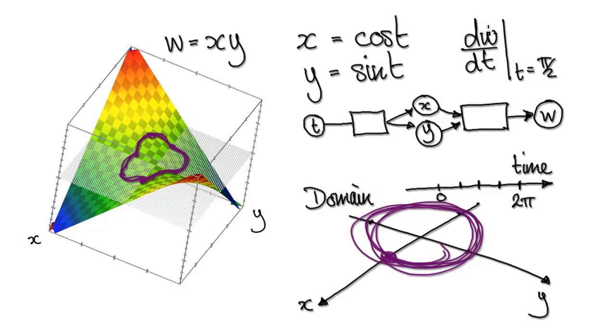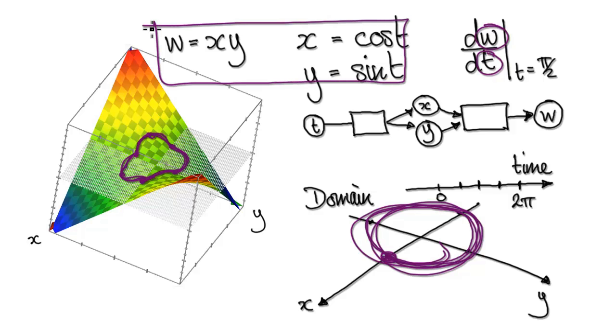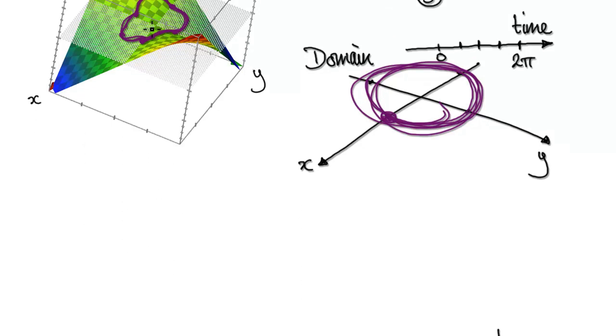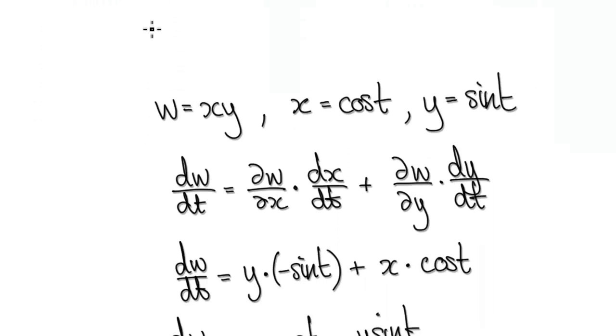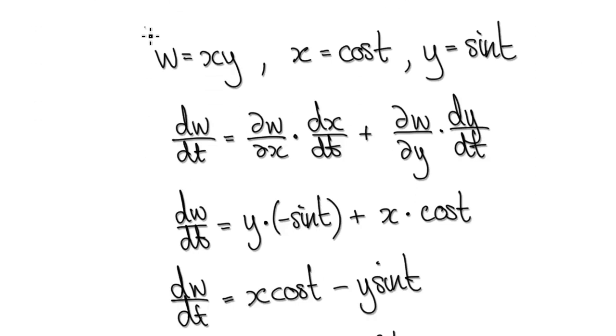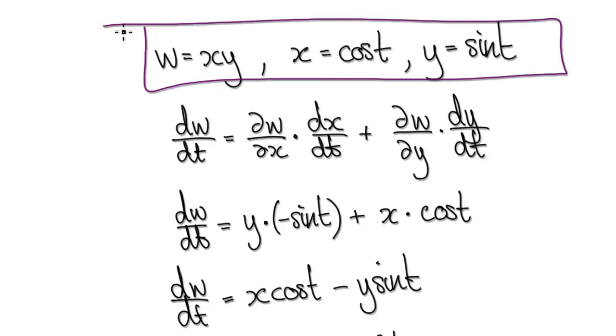So our job is to find dw by dt. Let's compute it now. Using the chain rule, we have to find the partial derivative of w with respect to x, and then multiply it by dx by dt.